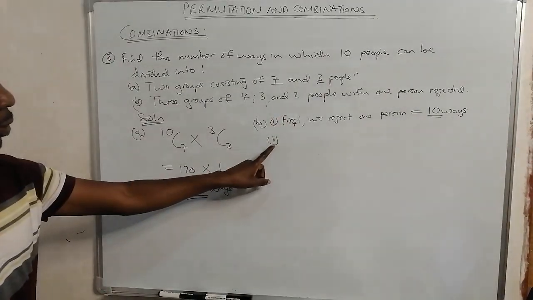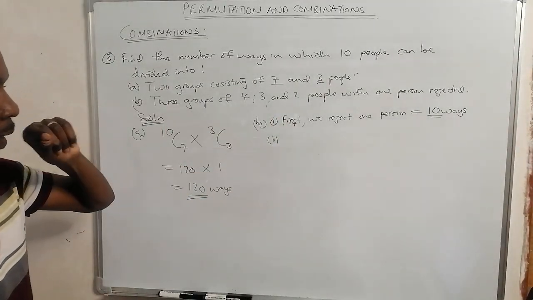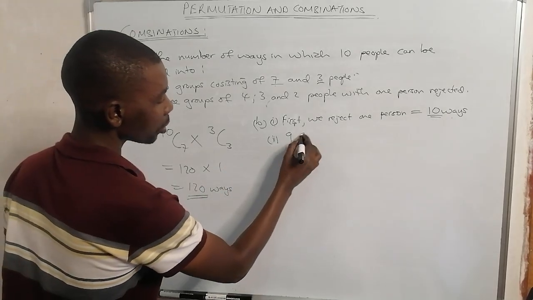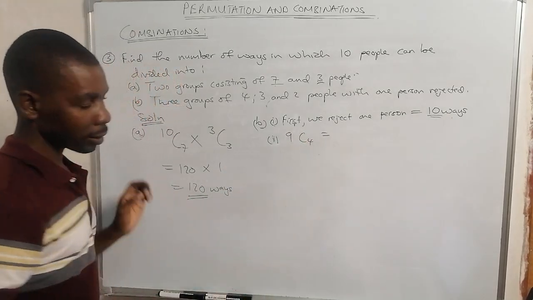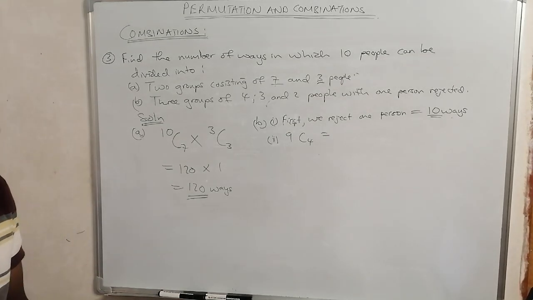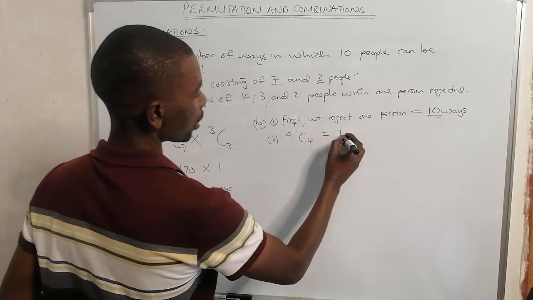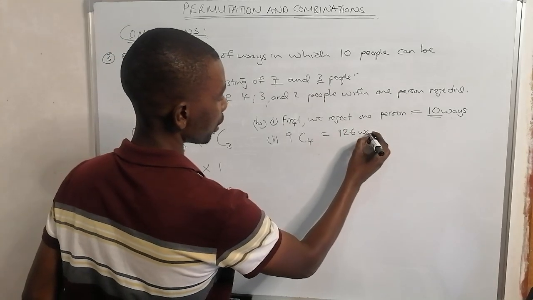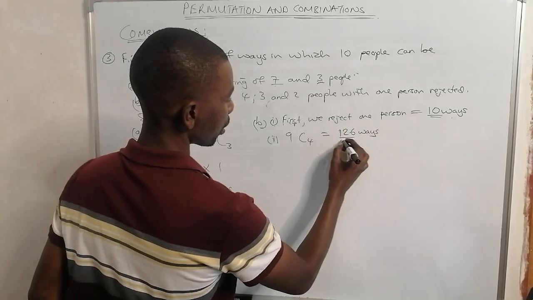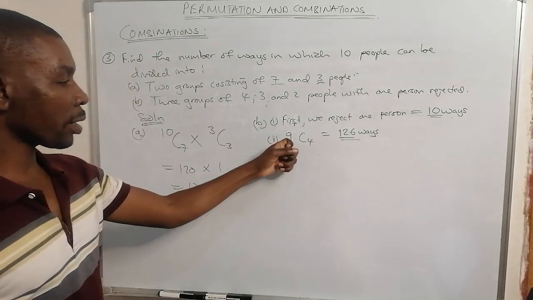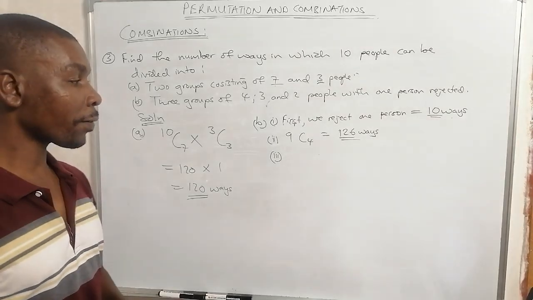So that can be done in 9 choose 4 ways, which is 126 ways, right?